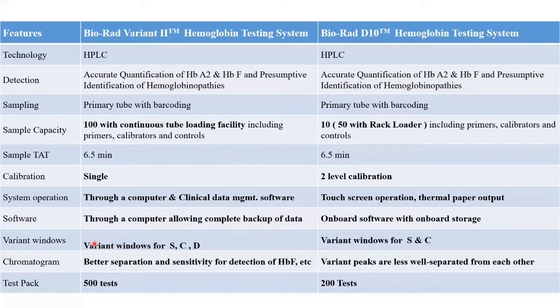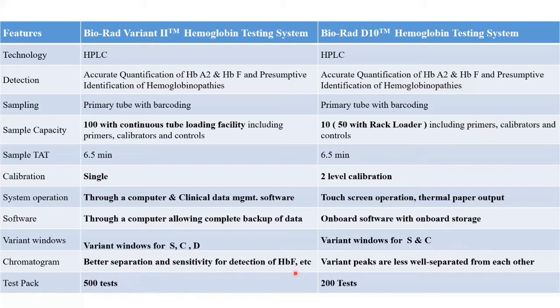As well as in terms of interpretation, there is no D window in the D10. So the machine does not have a D window program. If any hemoglobin D is present in the sample, it will just be detected as unknown by the machine, so you'll have to manually interpret it. Apart from that, in the chromatogram, which is the output of Variant 2, the peaks have better separation.